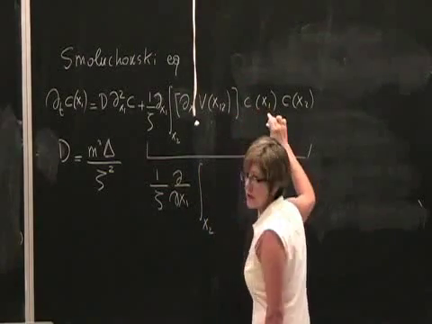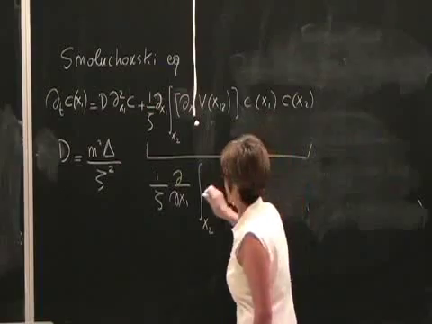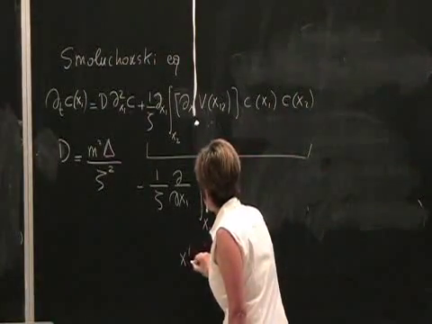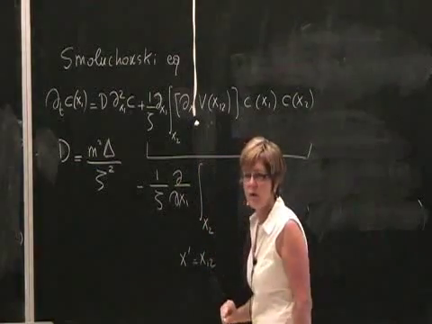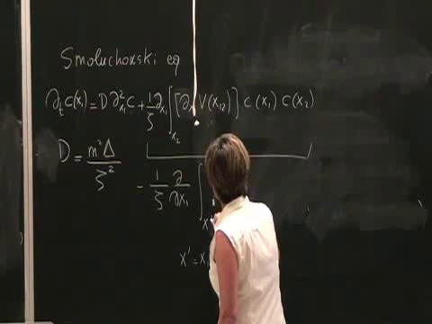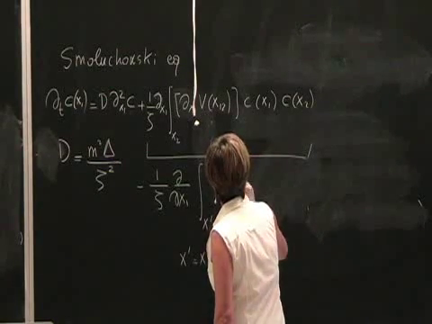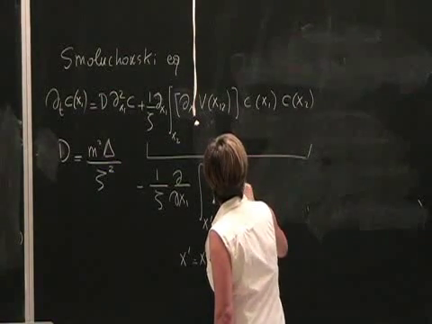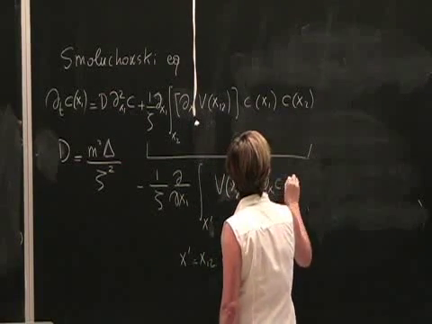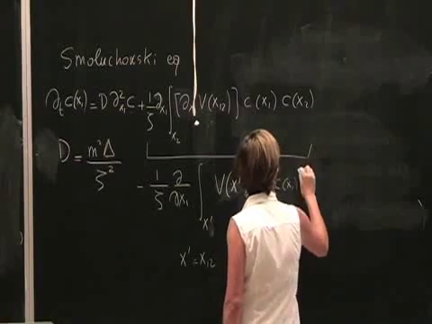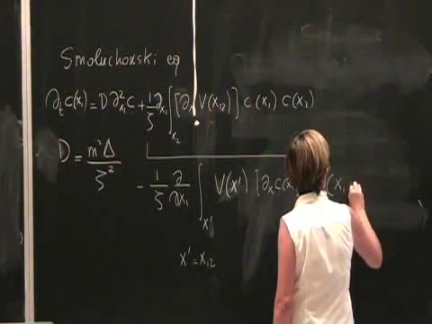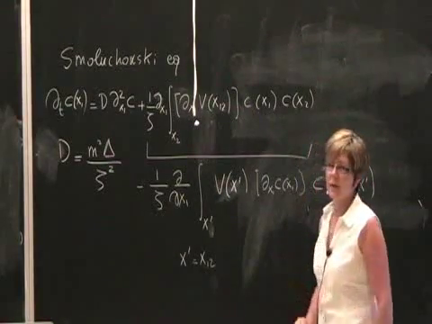So I bring this derivative over to the c, and I get a minus sign. And then I do a change of variable. I let x prime equal to x1 minus x2. So what I end up with here, so now I have integral over x prime of v of x prime times derivative with respect to x1 of c of x1 times c of x1 plus x prime.